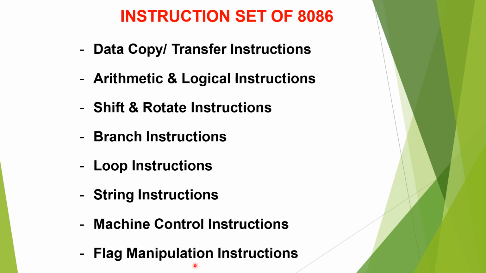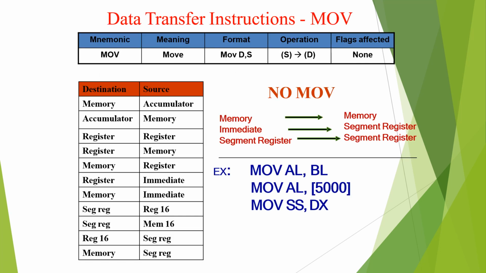This instruction group is used for setting and resetting the flag bits individually. So this is all about the categories of the instruction set in 8086, and we shall discuss every individual group in depth. Okay, now the first group is the data transfer group, or data copy.